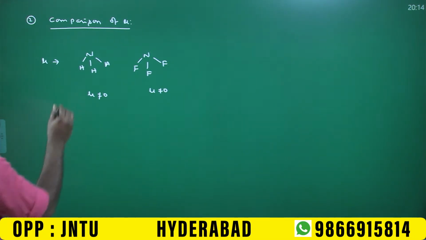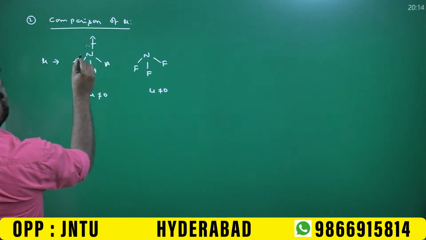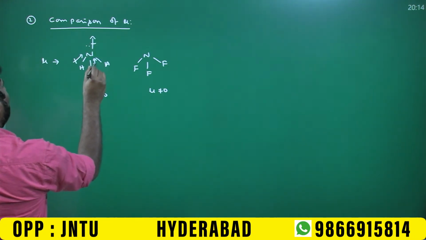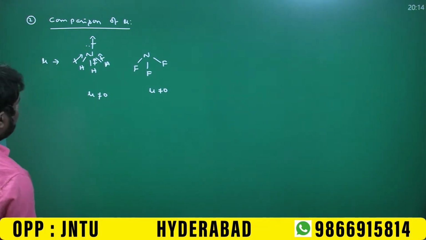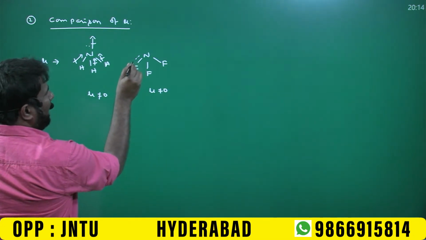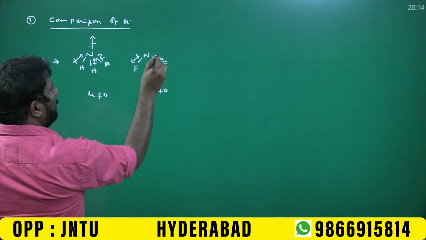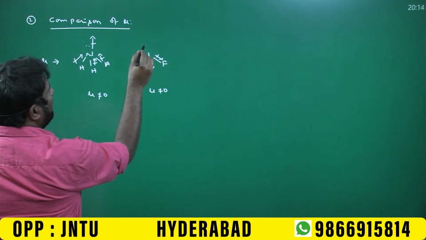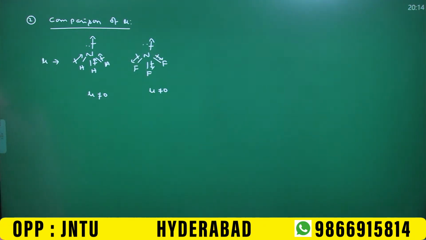Ammonia has more, because the lone pair is present in this direction. Bond pair vectors are also present in the same direction as the lone pair vector, because nitrogen is more electronegative than hydrogen. While coming to NF3, fluorine is more electronegative than nitrogen. So that is the reason the lone pair and bond pair are present in opposite planes.